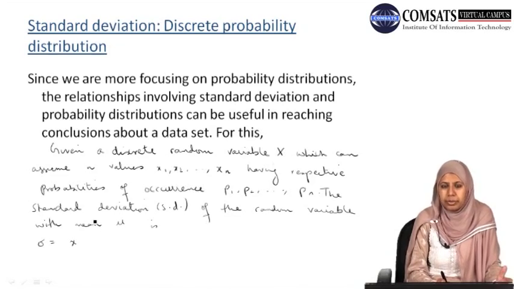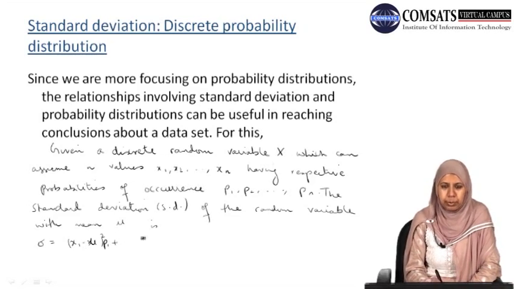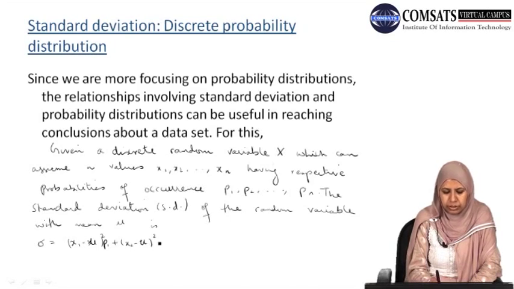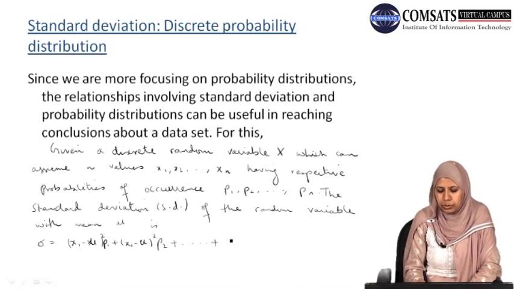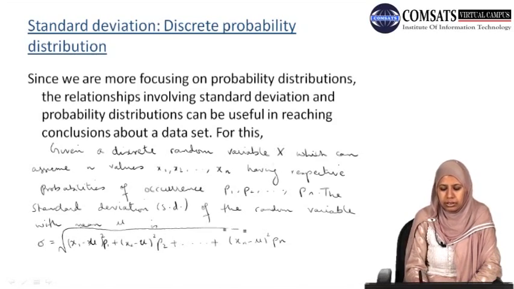Do we have to divide it by n? No, in this case we will simply take the squares of the variation from the mean and multiply by the respective probabilities of occurrence, that is x2 minus mu squared into the respective probability p2, and so on up to xn minus mu squared into the respective probability pn, but the square root remains there.